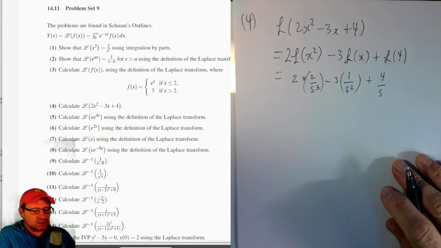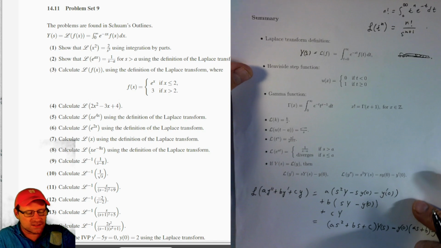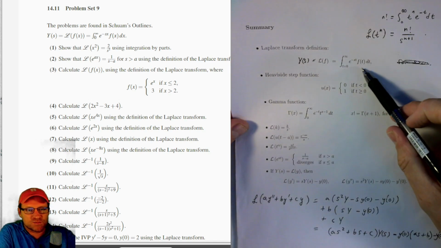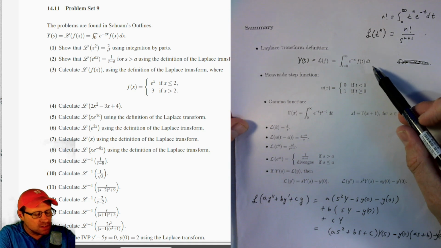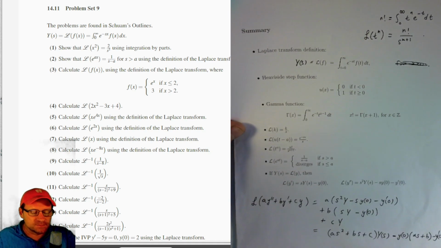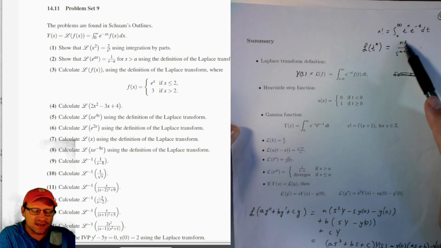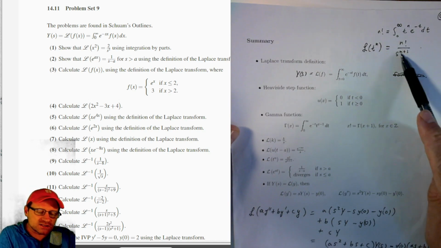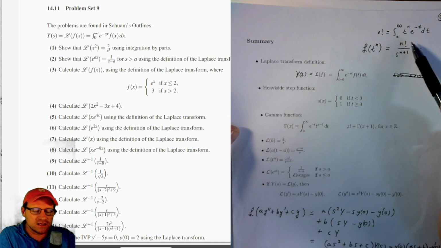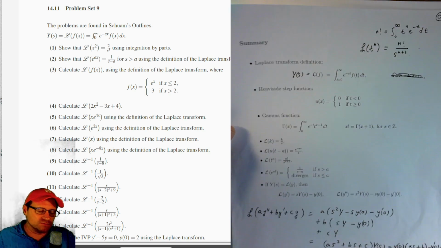Okay, and so I have a little cheat sheet here with these things on it, except this is expressed in terms of t here. Okay, Laplace transform of a constant is the constant over s. And then up here, the Laplace transform of t to the n is n factorial over s to the n plus 1. So the Laplace transform of x to the n is n factorial over s to the n plus 1 also.